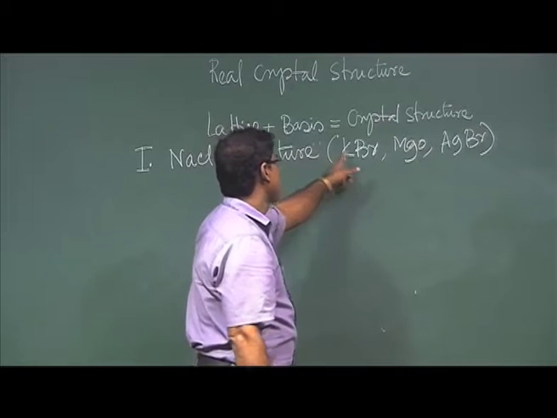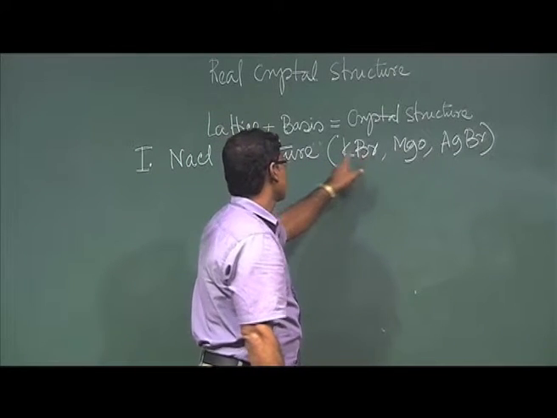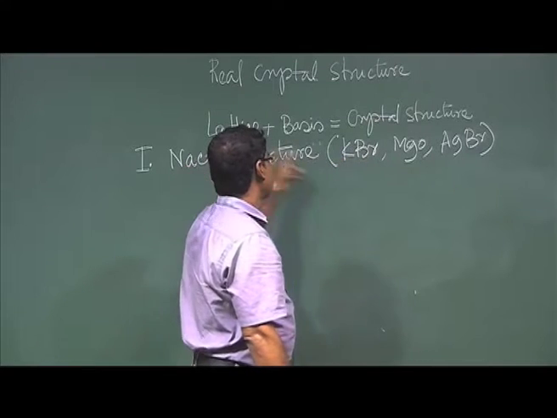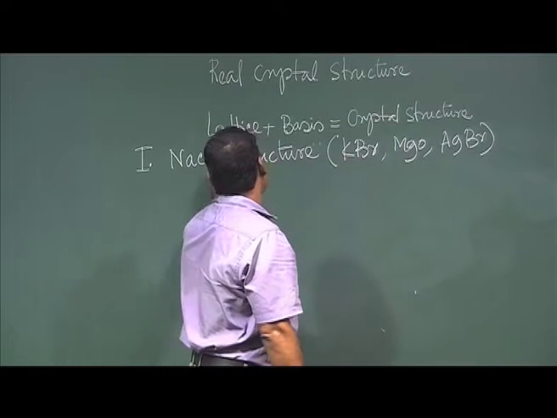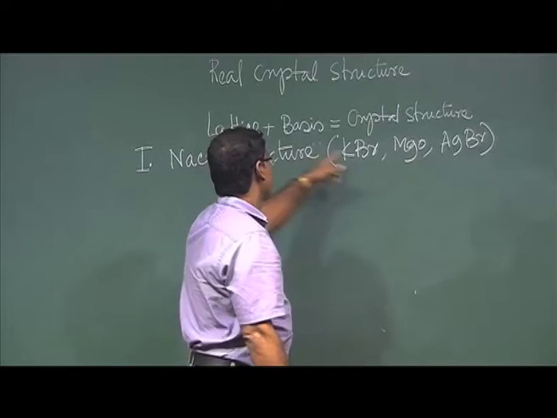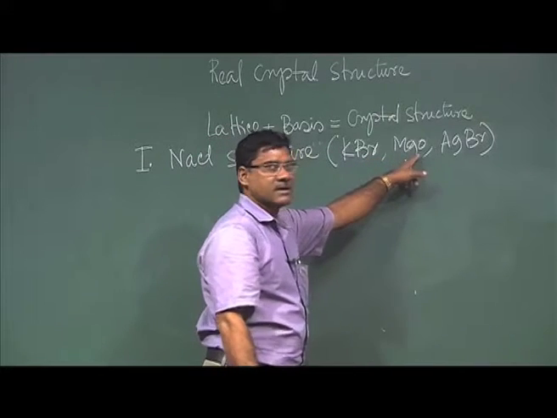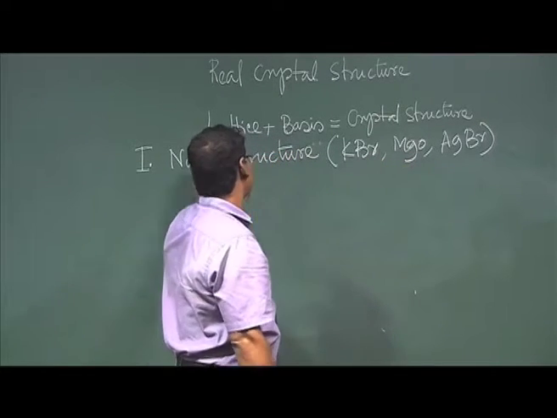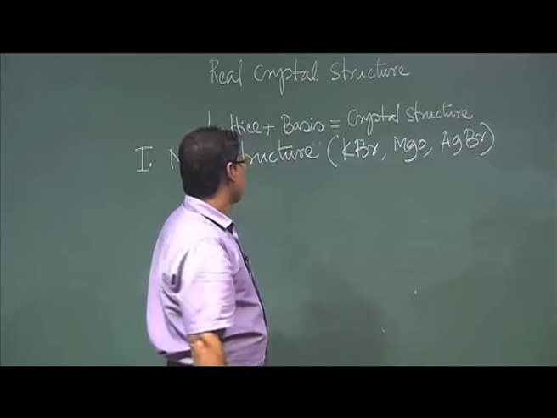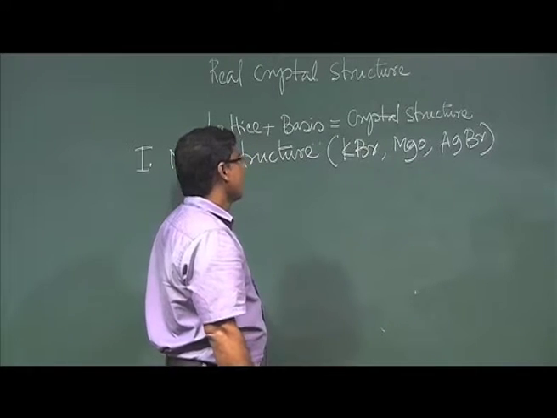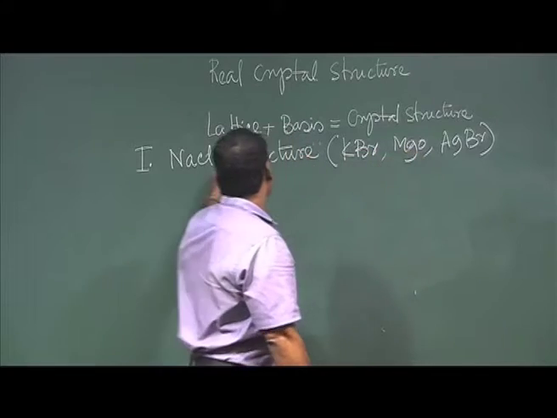That way one can realize the sodium chloride structure, and other materials also have a similar structure. In case of potassium bromide, sodium will be replaced by potassium, and chlorine will be replaced by bromine. In magnesium oxide, magnesium can sit at the sodium place and oxygen can sit at the chlorine place.